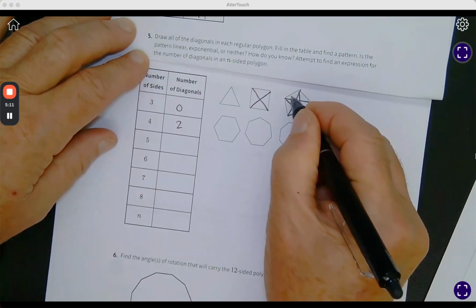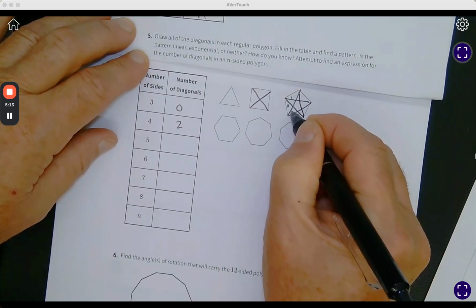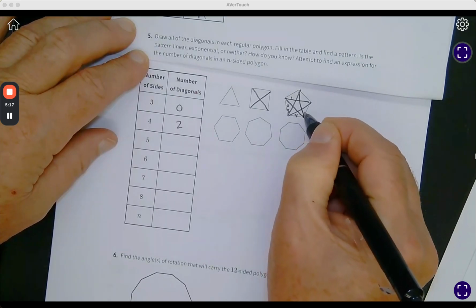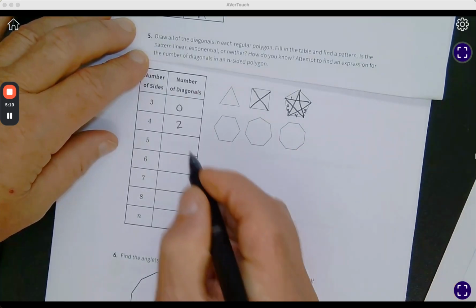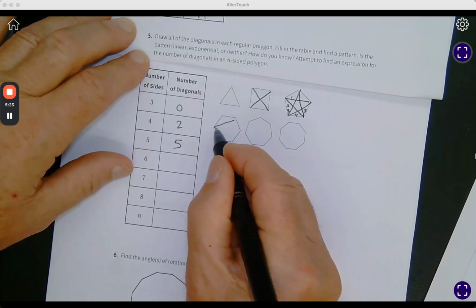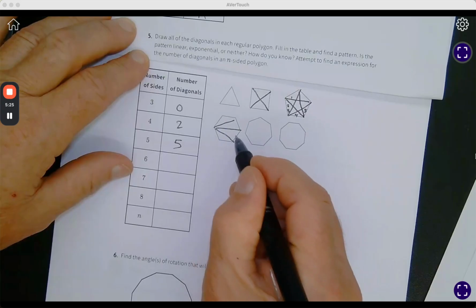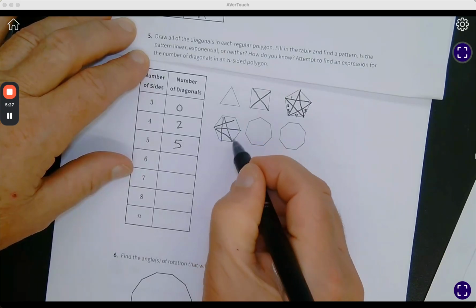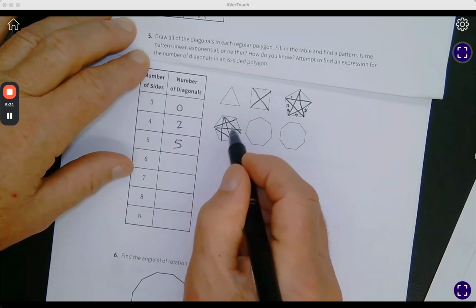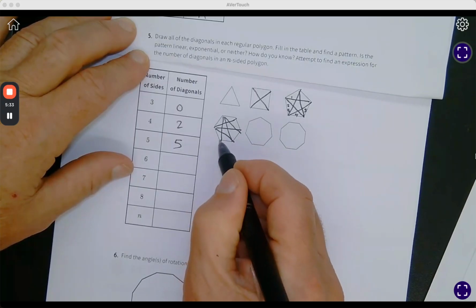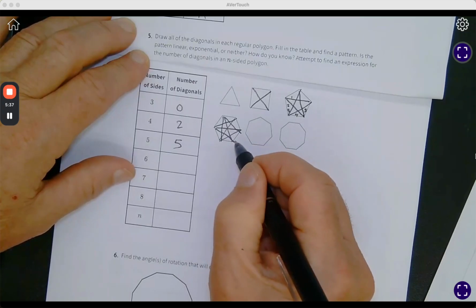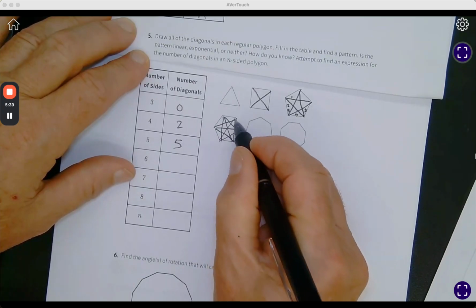Let me count them. 1, 2, 3, 4, 5. So there are 5. Okay, let's go here. 1, 2, 3. 1, 2, 3. Got that one already. Got that. Each one should have 3 coming out of it.